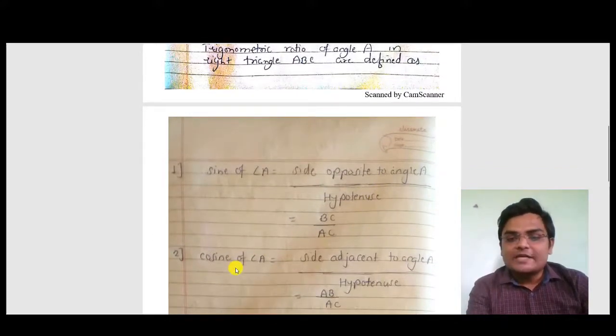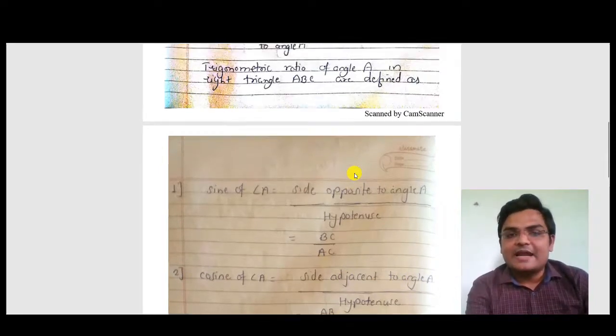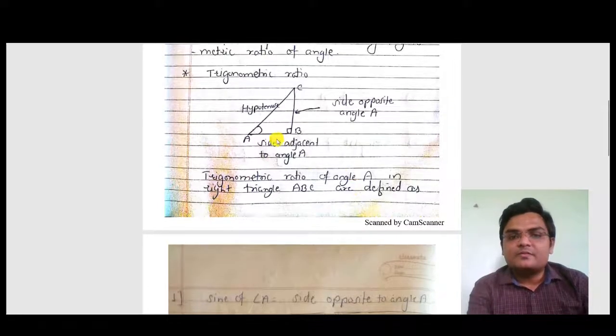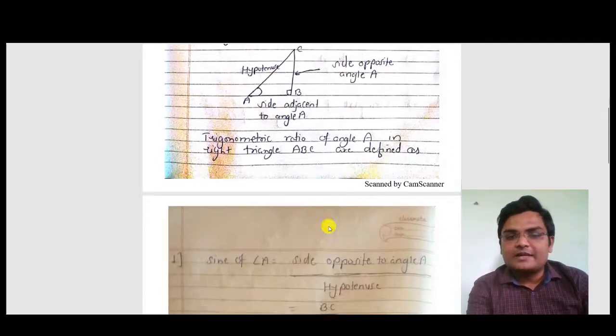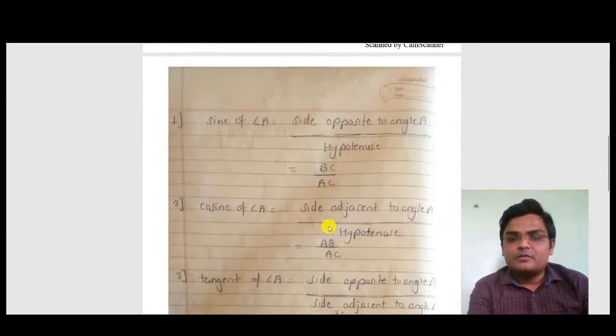Second is cosine of angle A. It is the side adjacent to angle A upon hypotenuse. See, the side adjacent to angle A is AB, and the hypotenuse is AC. So we will get the ratio AB upon AC.